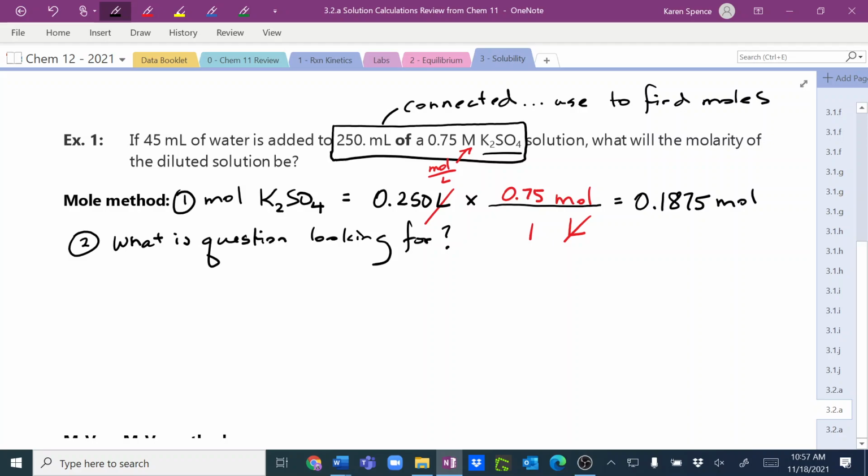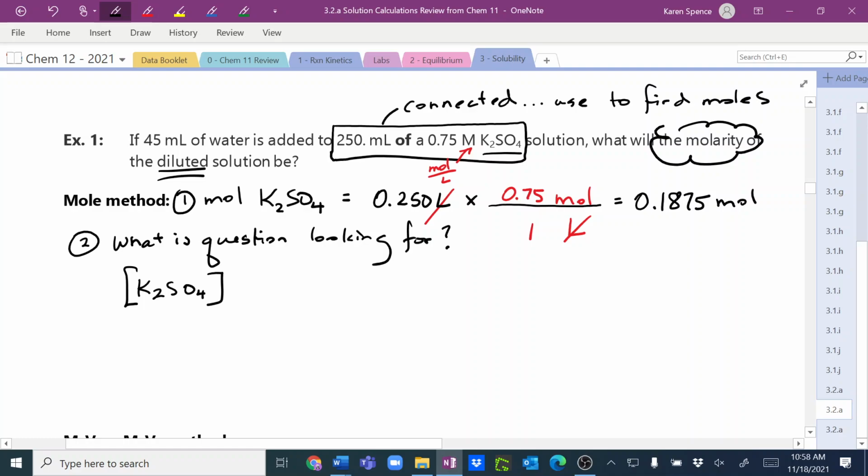Yeah? So what are we looking for in this question? Molarity. So we want the concentration of K2SO4, and we want it after it has been diluted. So I'm going to write a little DIL down at the bottom to indicate that it has been diluted.